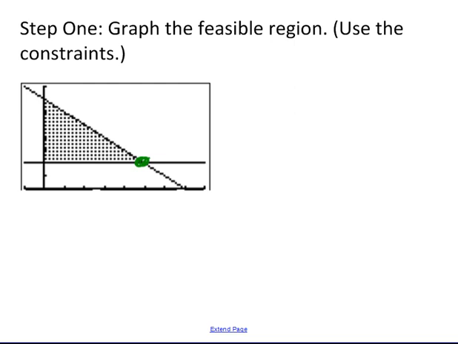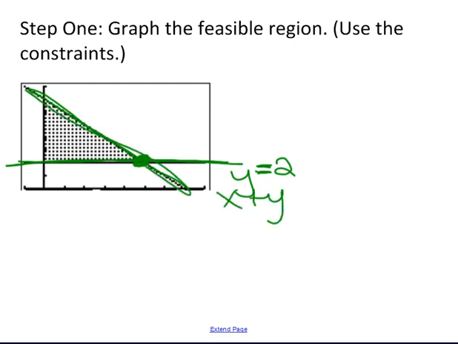Okay, so this line right here is the line y equals 2. Now, I realize it's an inequality, but when we're finding these points, we're going to use equals. And this line was the line x plus y equals 7. So we have to solve this system. We have to figure out where these 2 lines cross.